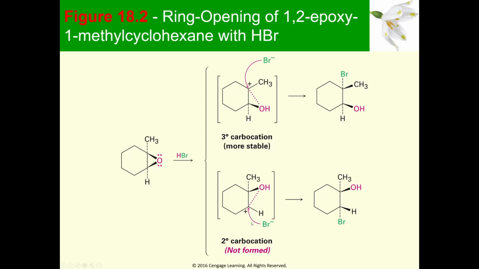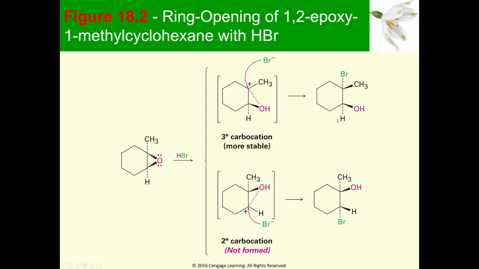But if we look at this less sterically hindered carbon here, this one's only secondary because it does have an H attached to it. When this bromide is coming in and kicking this out, this one's actually not formed. So if you have a choice between a tertiary carbocation and a secondary carbocation, you don't even form the product where the OH is on the tertiary carbon.